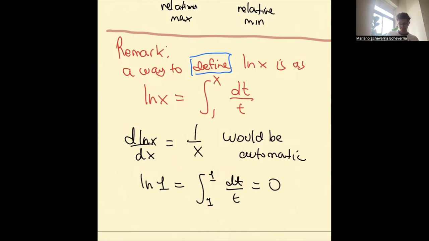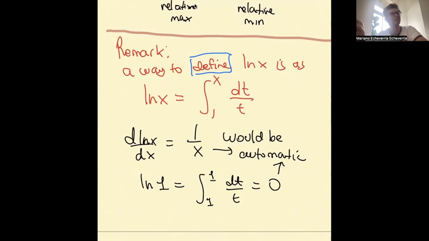So this would also be super easy. What is a little bit more complicated here is to check the other properties that you typically know of natural log. The natural log of a product is the sum of the natural logs, and things like that.